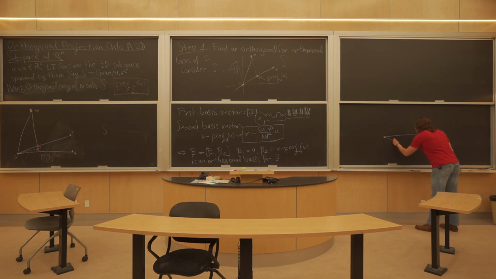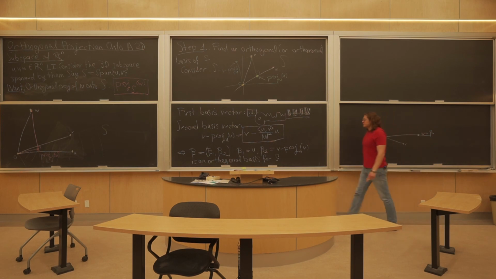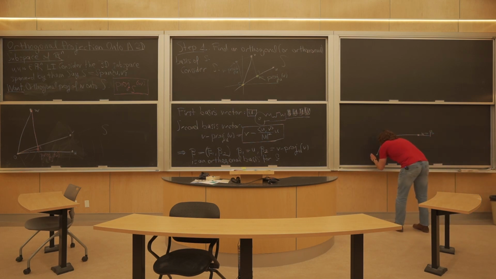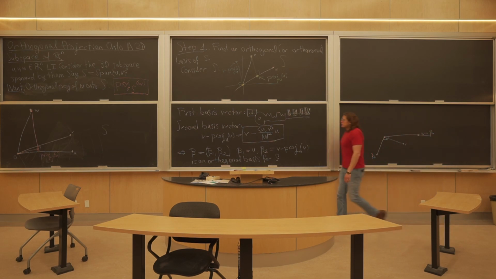Somewhere here was V, okay? But instead of using V, I'm going to use beta 2, this remainder. And I know that that remainder now is orthogonal to U, okay? So this is going to be beta 2 now. And finally, we have W.